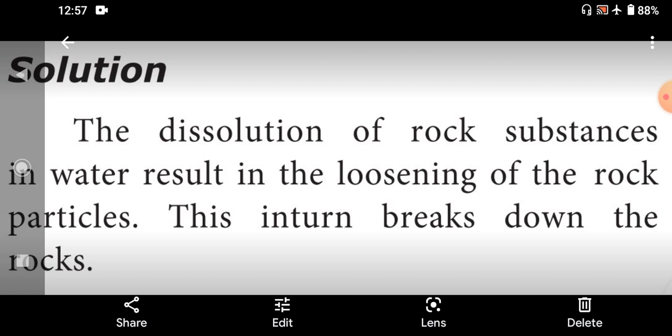Now listen here. The dissolution of rock substances in water results in the loosening of the rock particles. Listen very carefully. Dissolution means கரைதல். Because of the dissolution of the rock substance, the rock's particles will loosen.